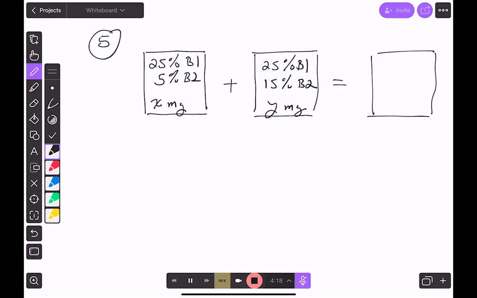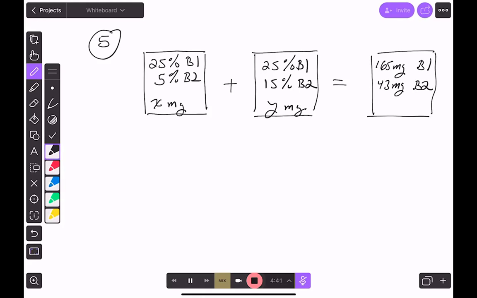How many milligrams of each powder should the pharmacist use to make a mixture that contains 165 milligrams of B1 and 43 milligrams of B2? All right, let's write this down. So I'm looking at my picture.